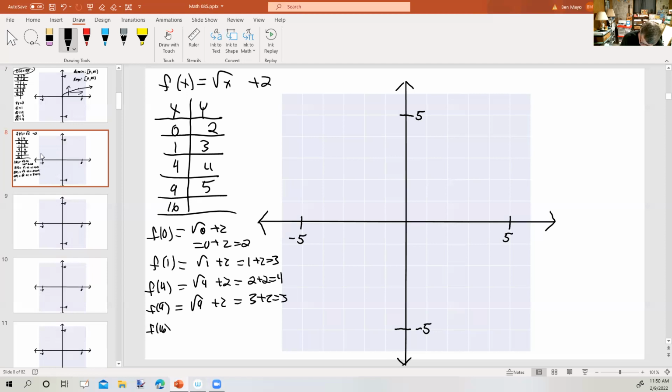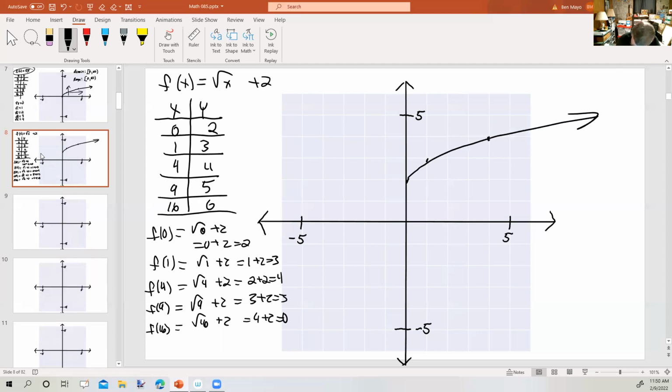And f(16) is the square root of 16 plus 2, which is 4 plus 2, which is 6. Okay, so we've got 0, 2; 1, 3; 4, 4; and then again it goes off the graph.